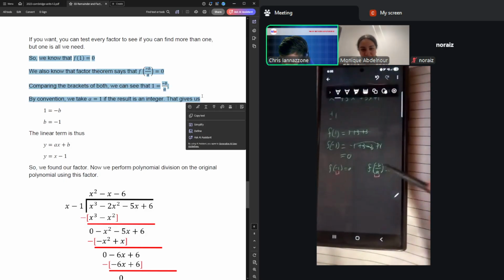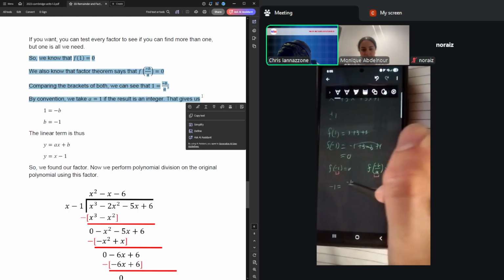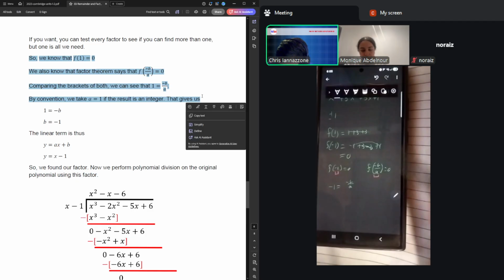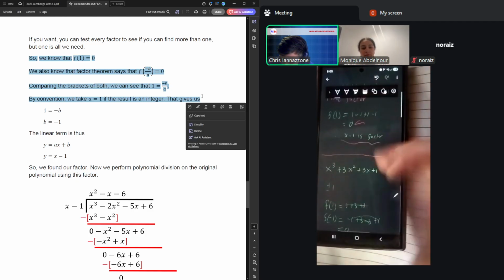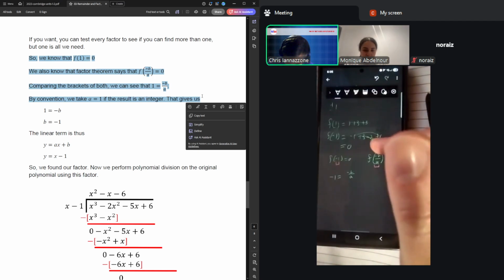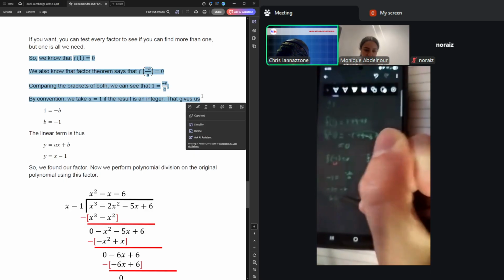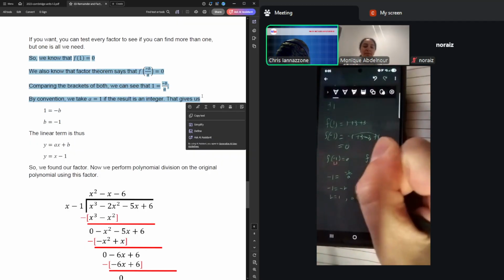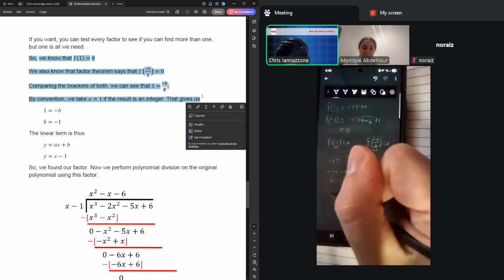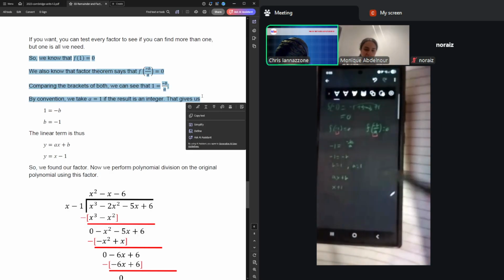Because the whole point of doing this is to use our factor theorem, we can say from comparison that negative 1 is equal to negative b over a. Because we have the simple example, the only possible value for a is 1. So this simplifies down to negative 1 equals negative b, so b equals 1. We can also write a equals 1, so our linear ax plus b can only be x plus 1, which is what you said it would end up being.